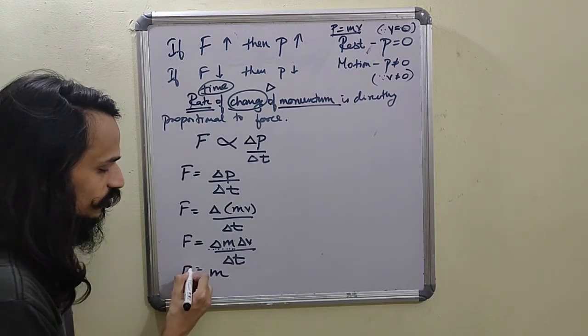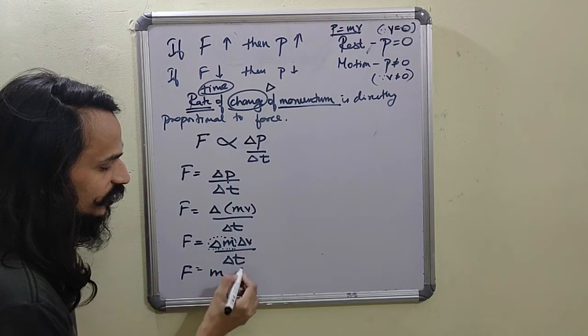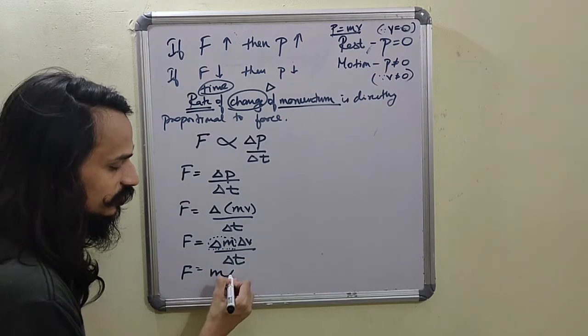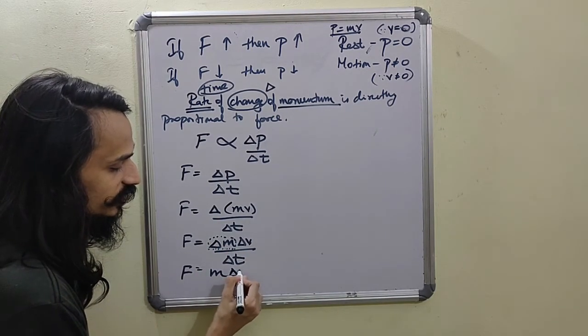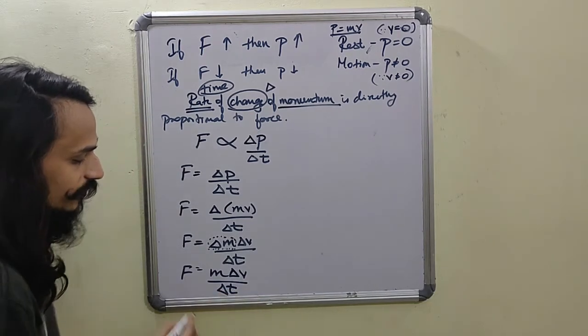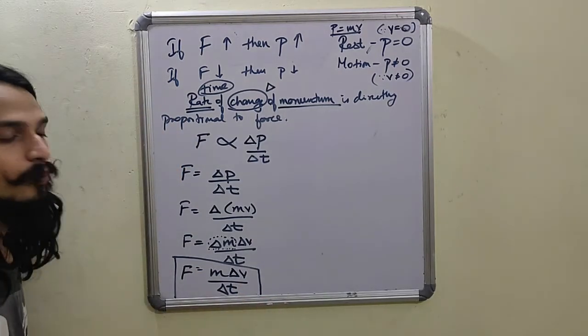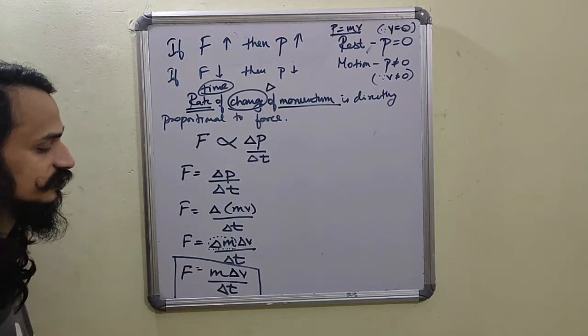Like we discussed, mass usually won't change, so I'll write m delta v by delta t. All right, so this is the main formula for change in momentum.